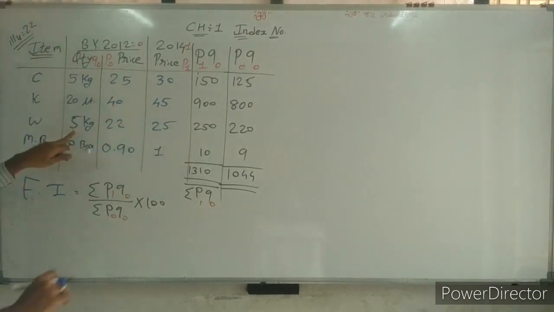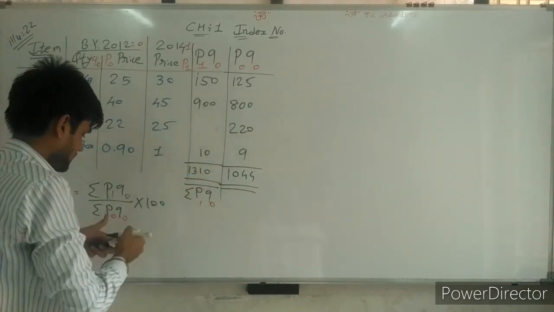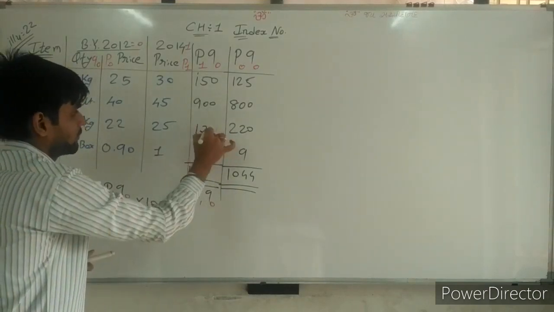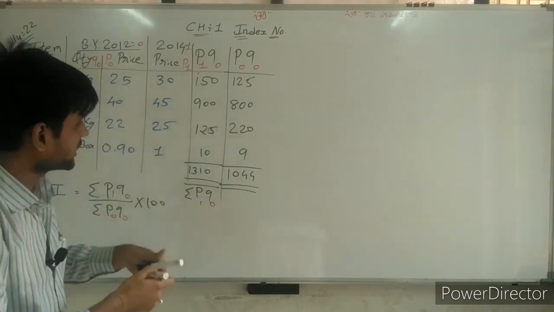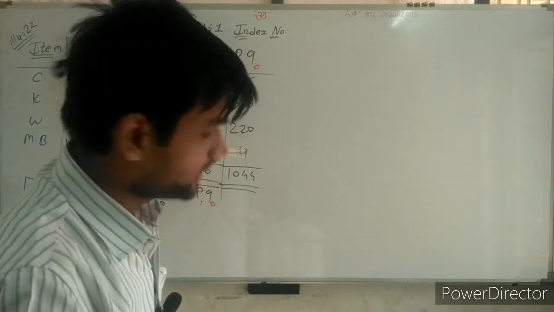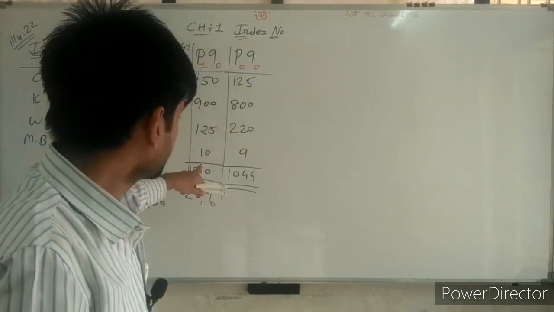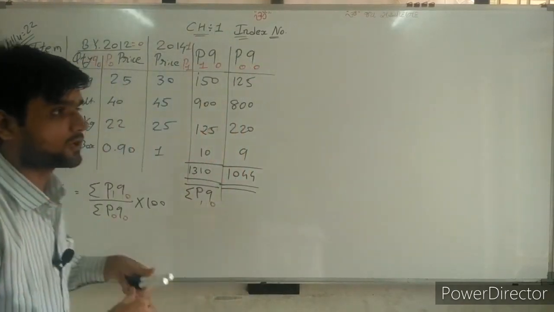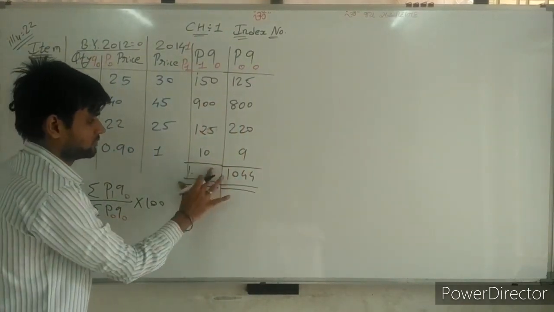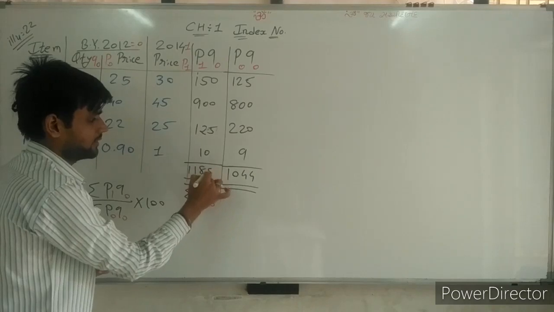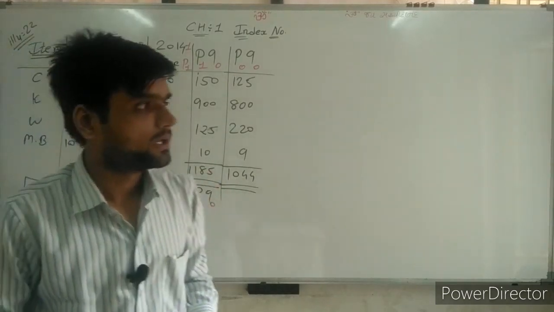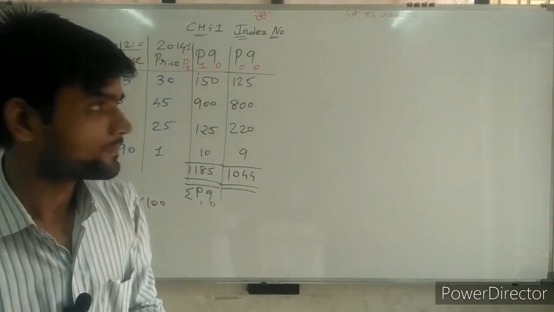So 25 into 5, here 125. And if we are making total of this, 150, 900, 125, 10, the total of this is 1185. So 1185 is my real information.